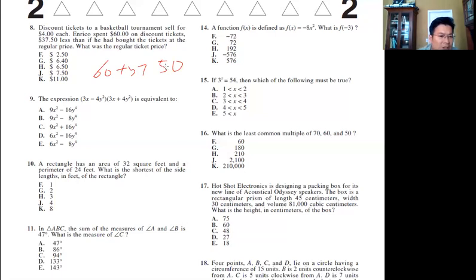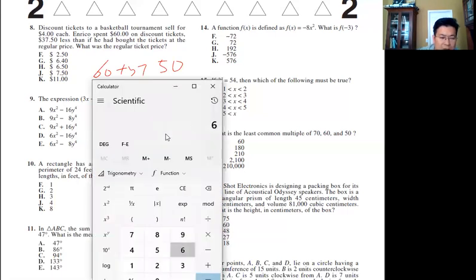But right now it says $60 divided by 4, 15. So 15 tickets this person bought, and then 60 plus 37.5 divided by 15 is 6.5. That's why the original price will be H.